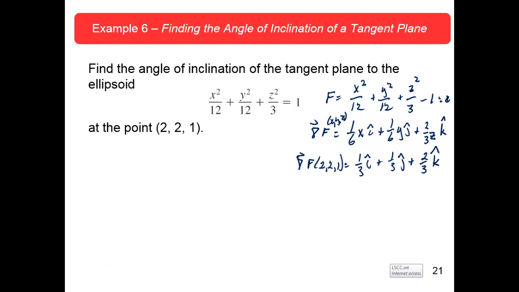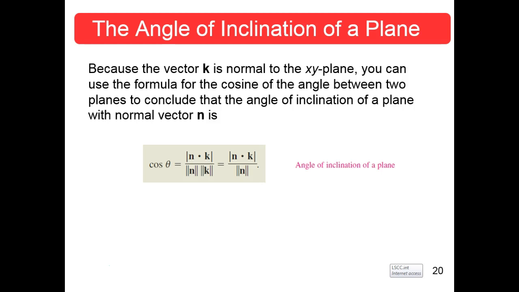So the angle of inclination would then be, cosine theta is equal to the dot product of the normal vector, and it doesn't have to be a unit vector, by the way, dot k. Now that is a unit vector, divided by the magnitude of n.